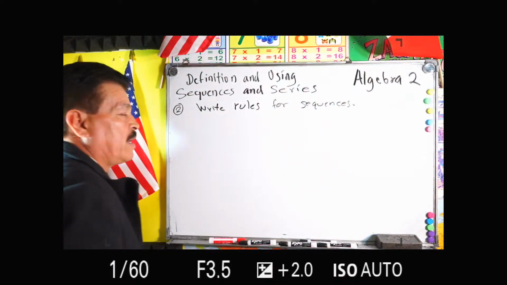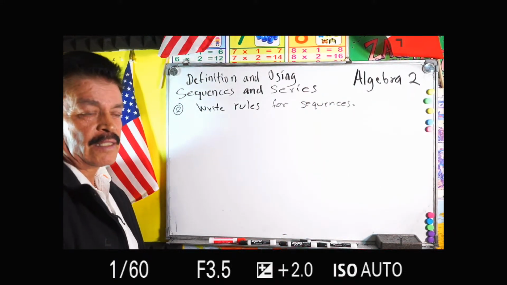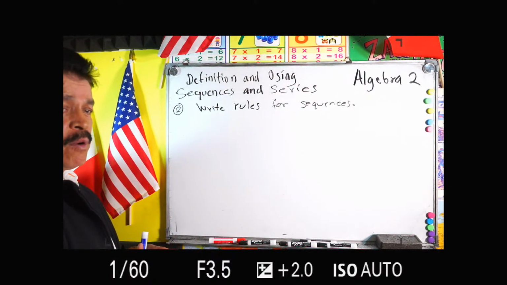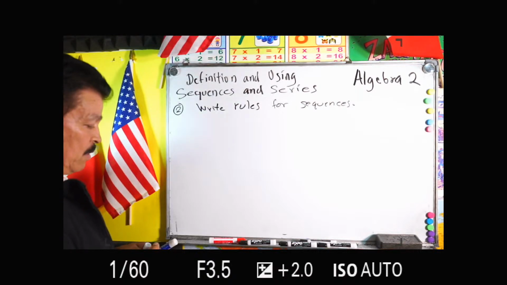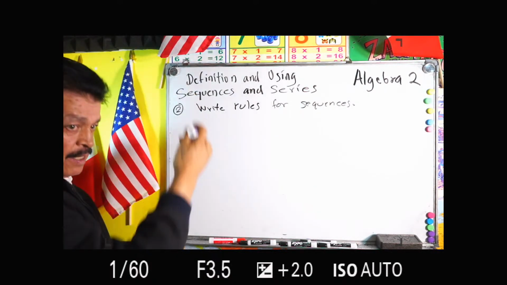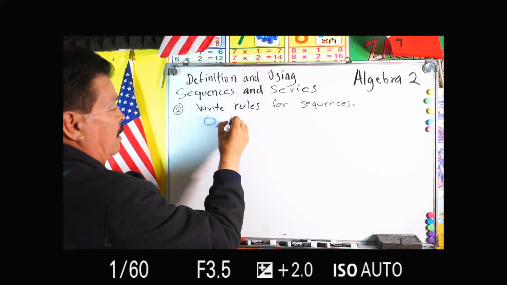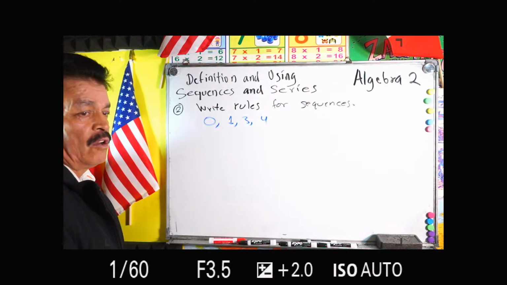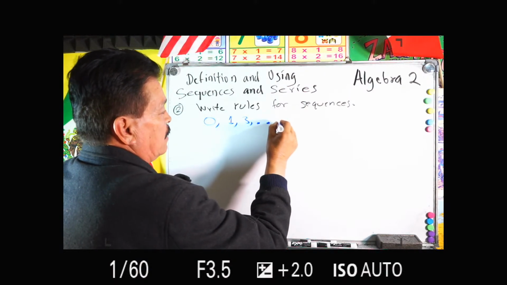Okay, we have to write some rules for the sequence in this case. So let me write one problem, an easy one. Let's write 0, 1, 2, and then so on.